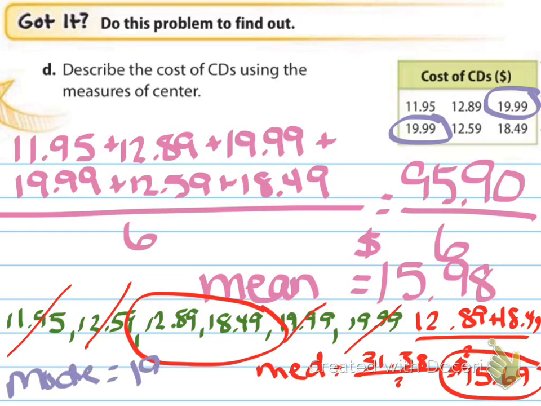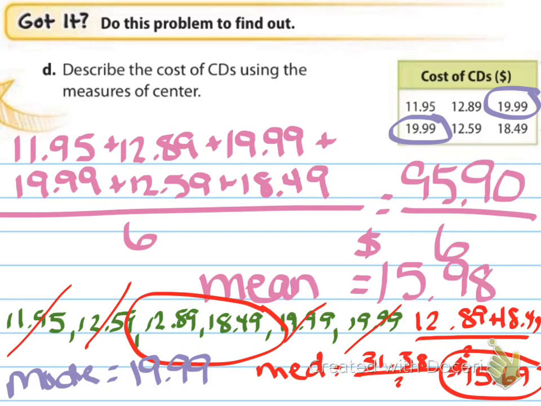$19.99. Now, if we're talking about measures of central tendency, you notice that our mean and our median are very close to each other. Okay, we don't have a big difference between the two, whereas our mode is the highest number there, the highest cost. So it doesn't mean necessarily that the mode is going to be the best measure of the center when it's the highest amount. Am I spending about $19.99 on every CD?